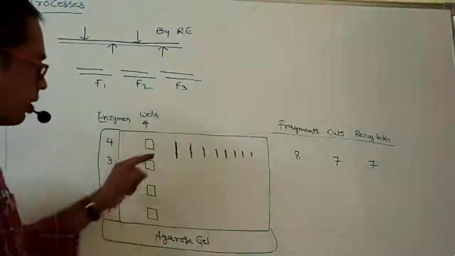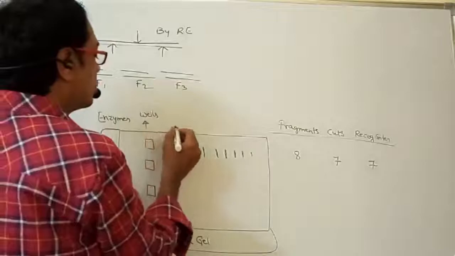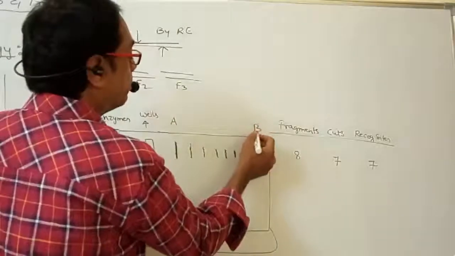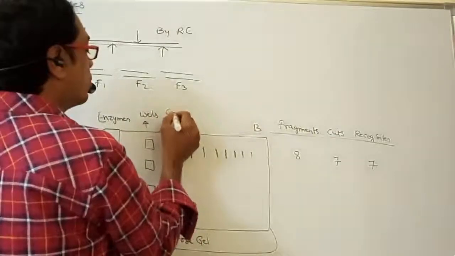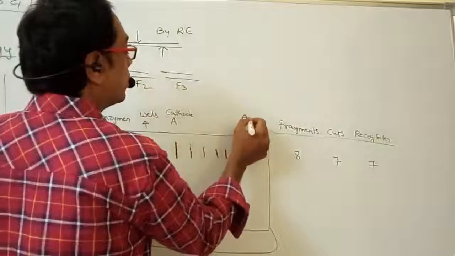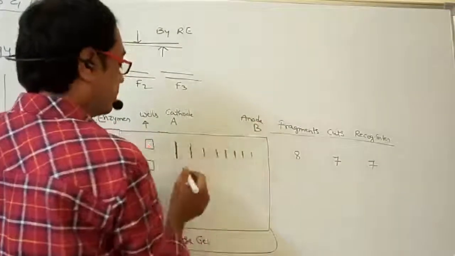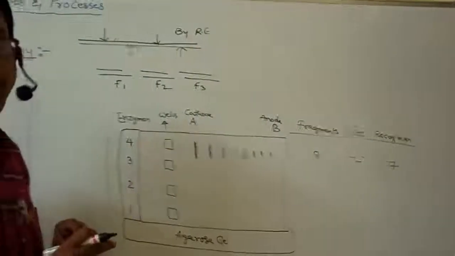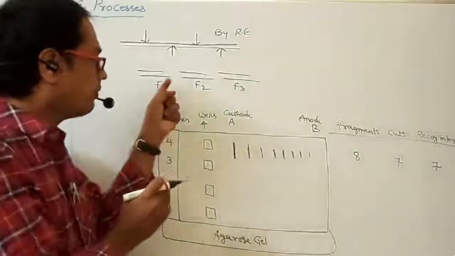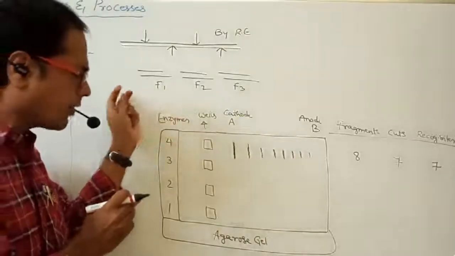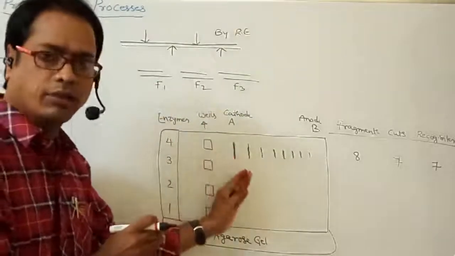Let us suppose this is A, this is B, and this is the cathode and this is the anode. These are the DNA bands or DNA fragments. The fragments obtained by restriction enzyme will be placed on agarose gel.